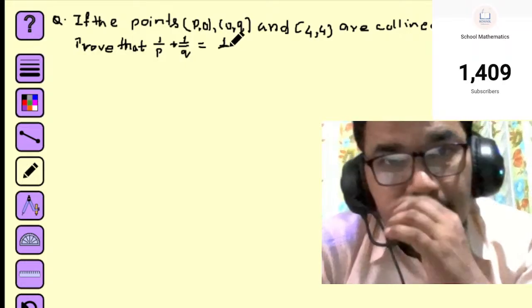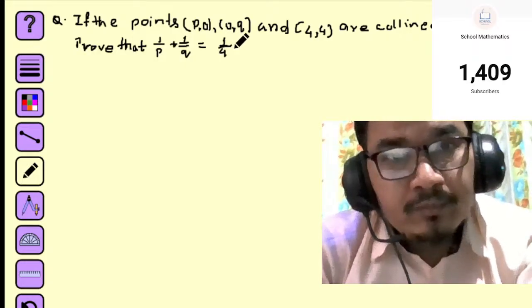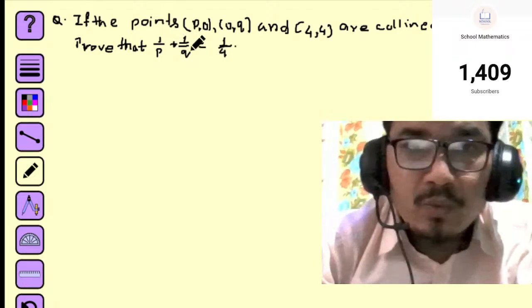It is asked to prove by using the condition of this collinear.